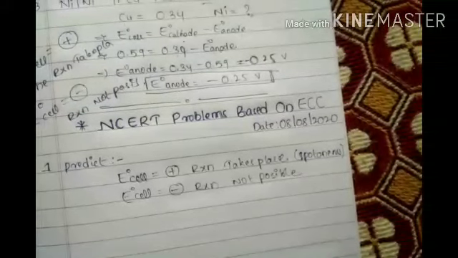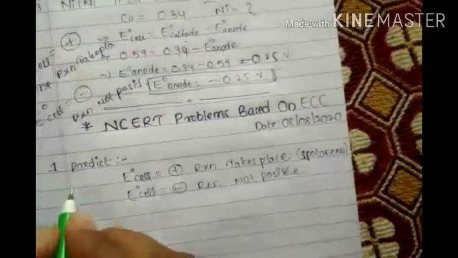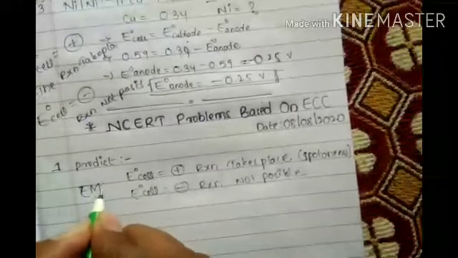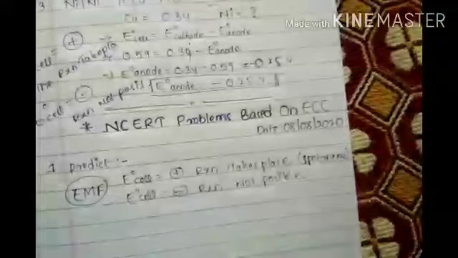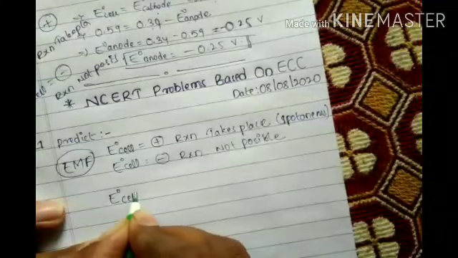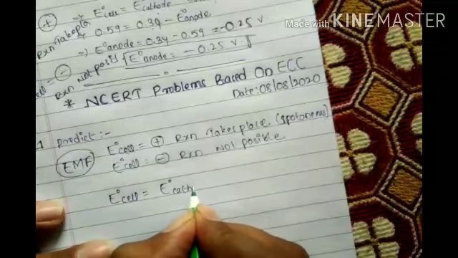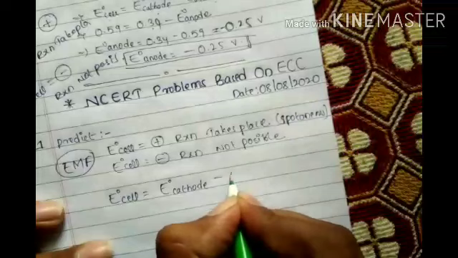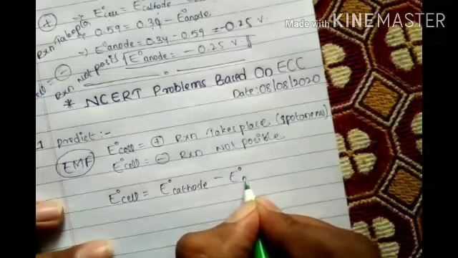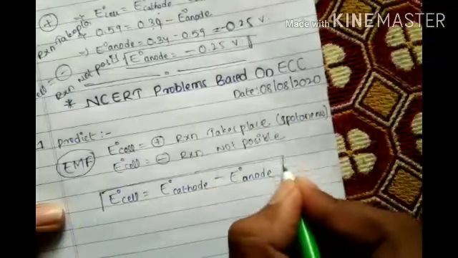This E cell we can also call the EMF of the cell. But actually E cell equals E naught cathode minus E naught anode. This formula we know already.